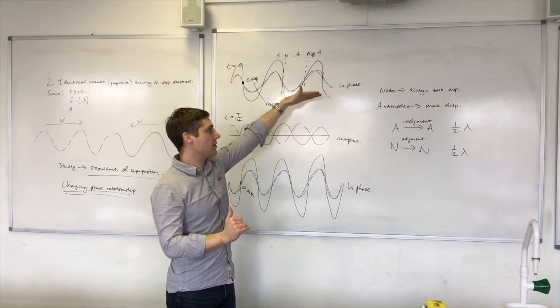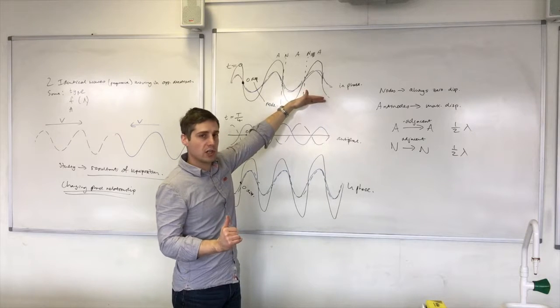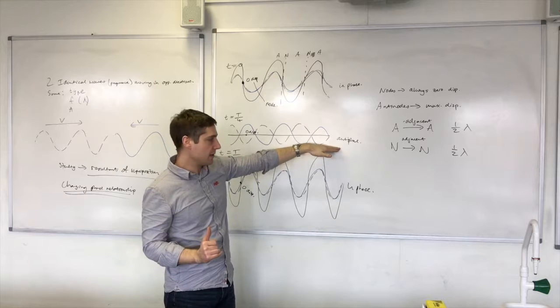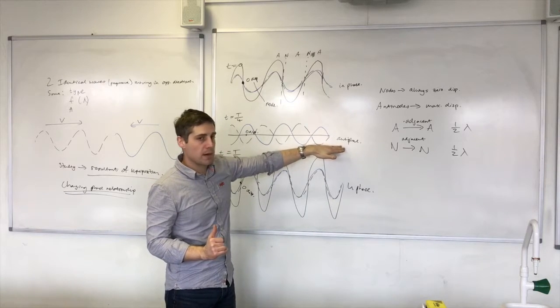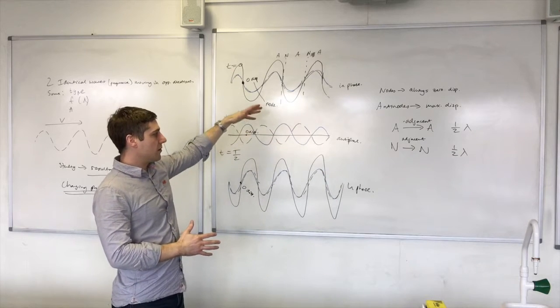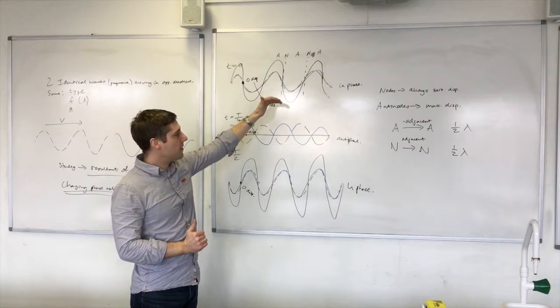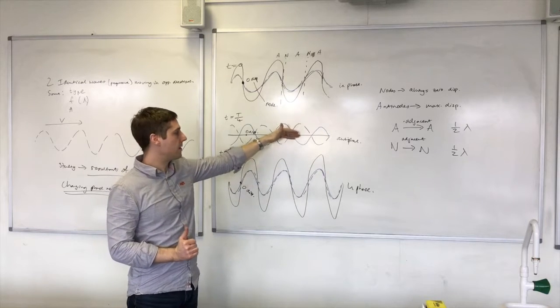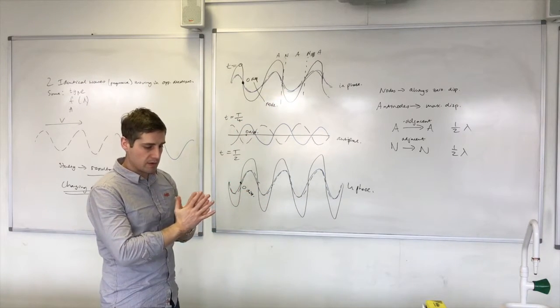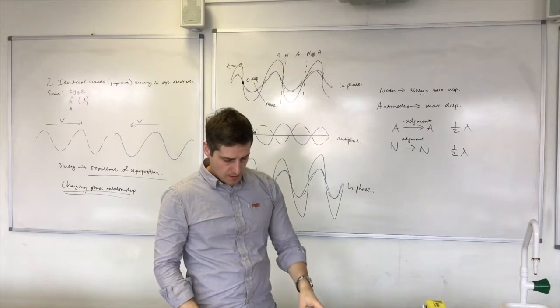So at some time it's in phase, and then it will gradually go out of phase to antiphase, and then gradually from antiphase into phase. So you get lots of different positions in between these, but these are the key points that we're interested in, so we can understand what's happening with the standing wave.